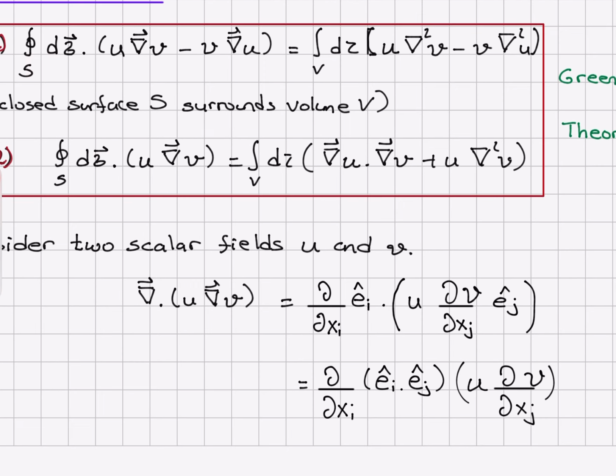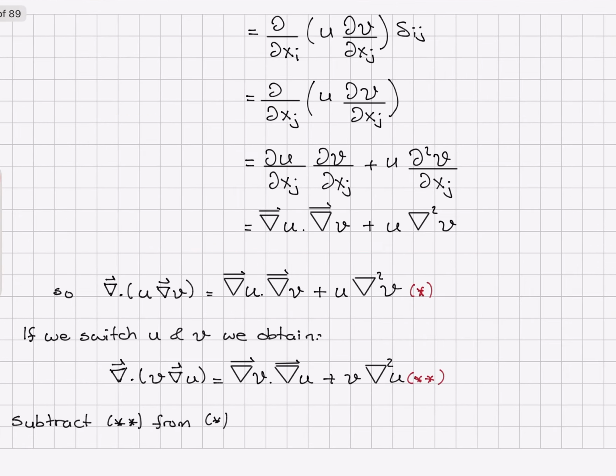In order to show this result, we've considered the divergence of u gradient of v. Using subscript summation notation, we have found that this is gradient of u dot product with gradient of v plus u del square v, the Laplacian.